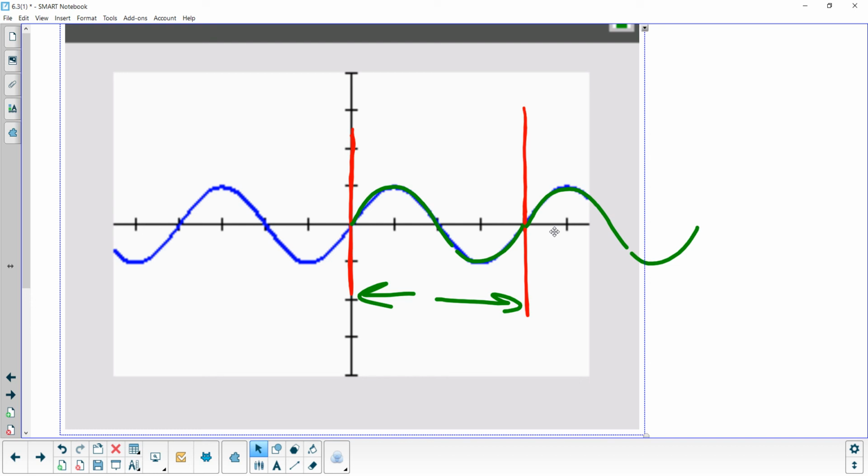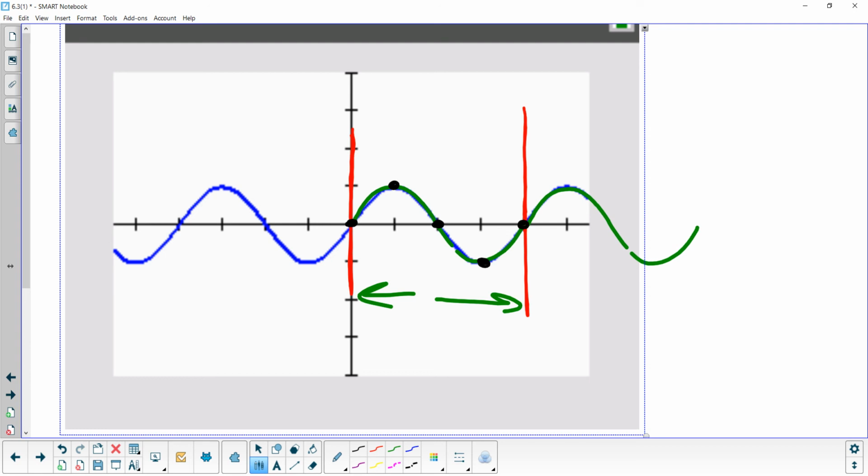So any question on that idea of the graph repeating itself after you go beyond what's between those two red lines? You have to draw what's in those two red lines first. Then you can copy and paste after that. And you might have noticed the certain values that I said for y. I picked the start, high, the middle, the lowest, and then the end.